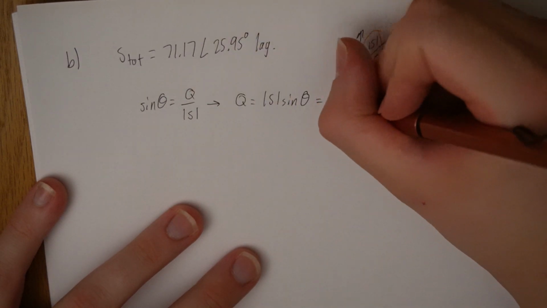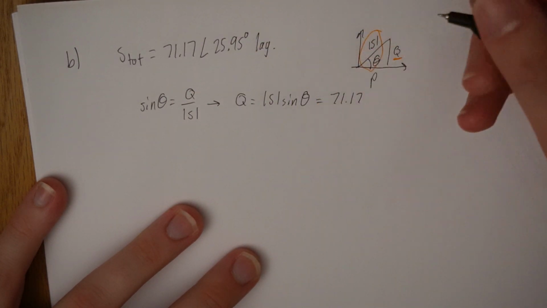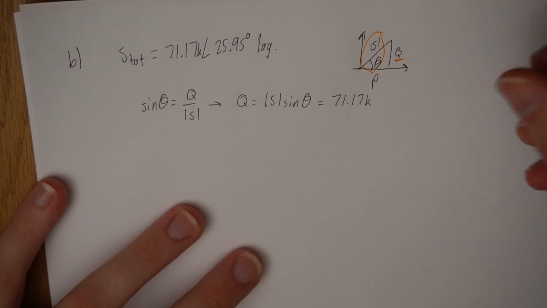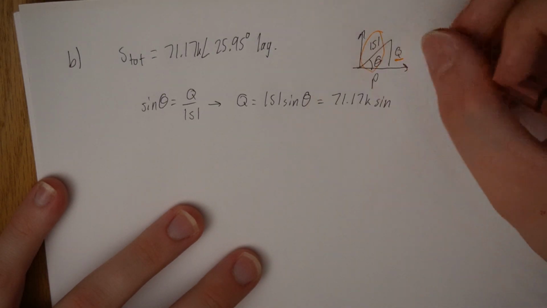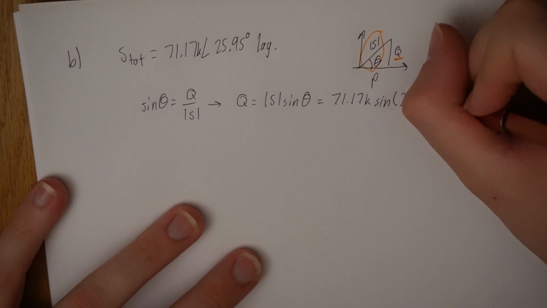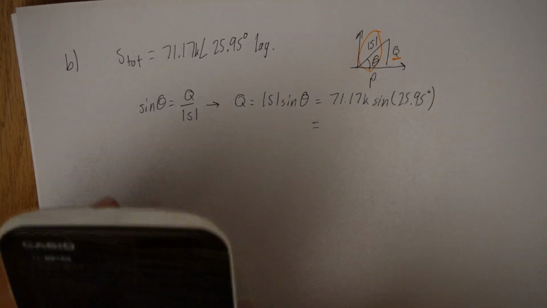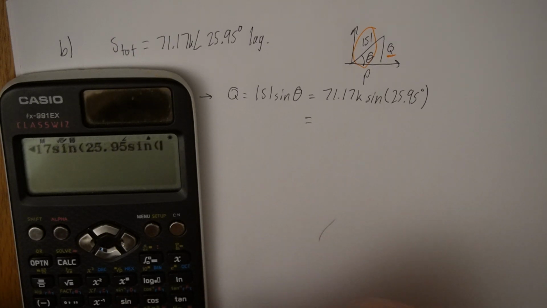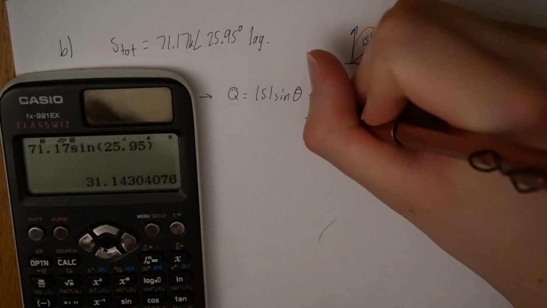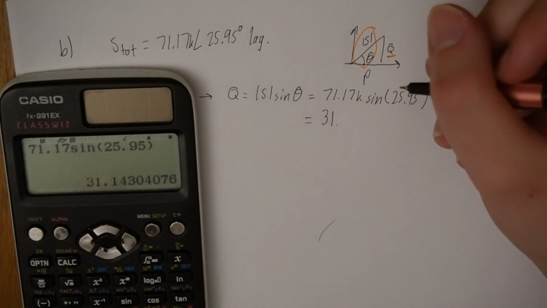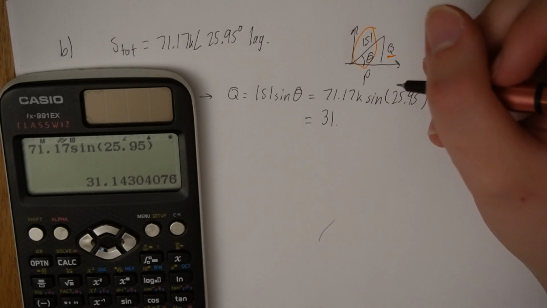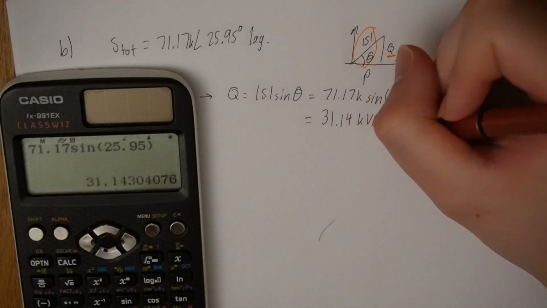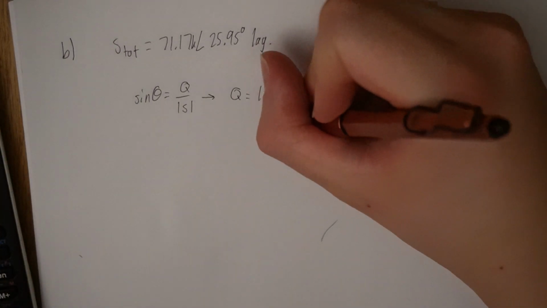This will be 71.17 K, I should remember the units, sine 25.95 degrees. This gives me 71.17 sine 25.95, 31.14 kilovar. So this I'm going to call Q old.